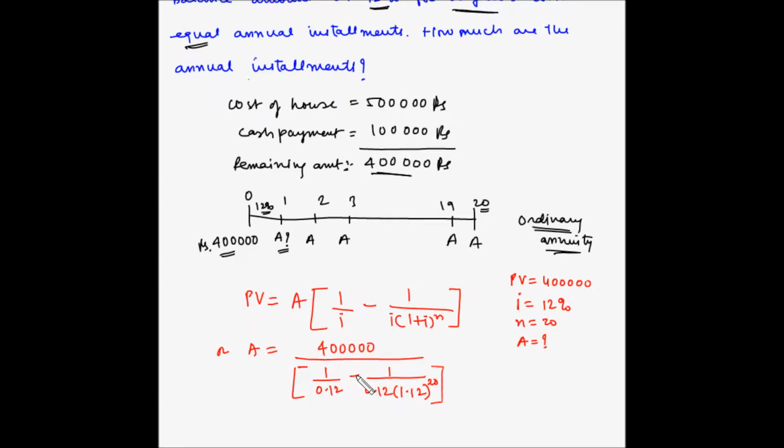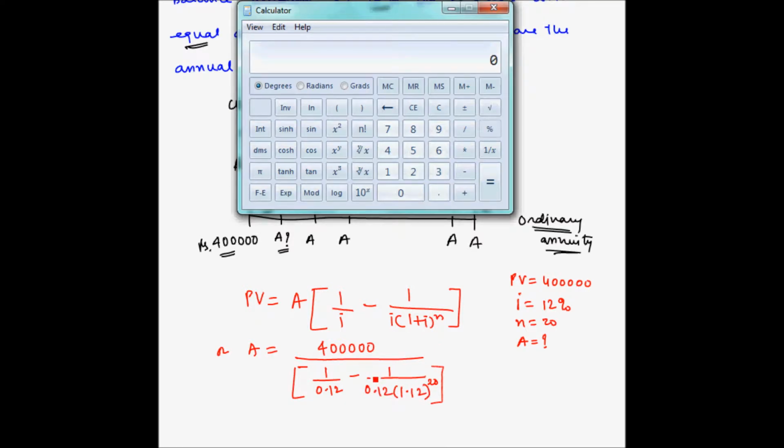So let's solve this using a scientific calculator. Let's first solve this portion here. So 1.12 x to the power y 20 into 0.12 is equal to, and then 1 by x, and this is negative, plus 0.12 1 by x, so this is 7.469.